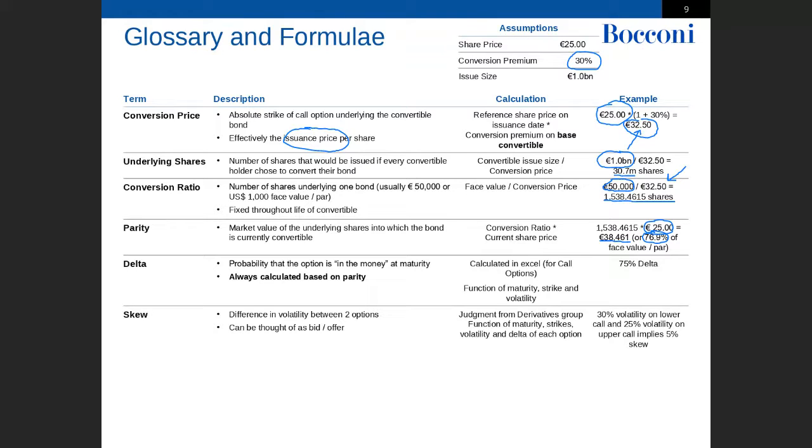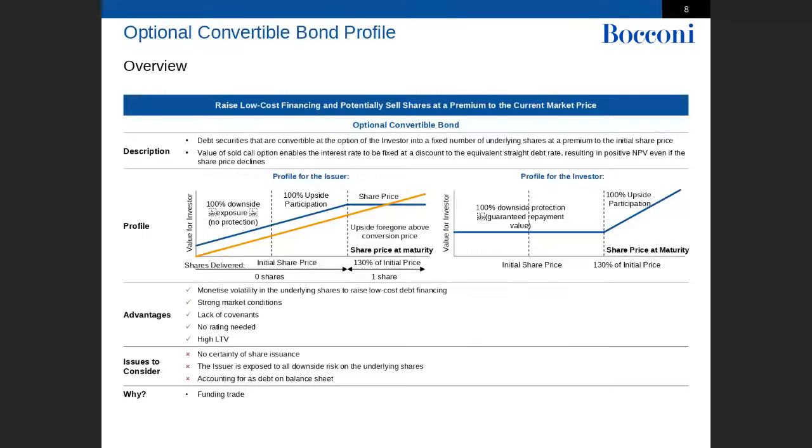The share price is at 25, and times the conversion ratio, it doesn't reach the full 50,000 of the face value. It's a portion of it, because of the conversion ratio at a premium.